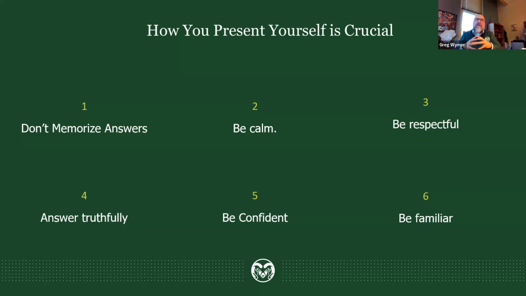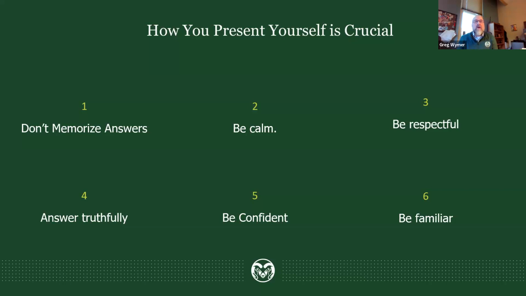It's important that the visa consulate officer perceives you to be genuine. When you memorize answers, they tend to think, I'm not getting a genuine response from this individual, and that might be a red flag for them. So it's important that it doesn't seem like you have a speech memorized for each question that they ask.